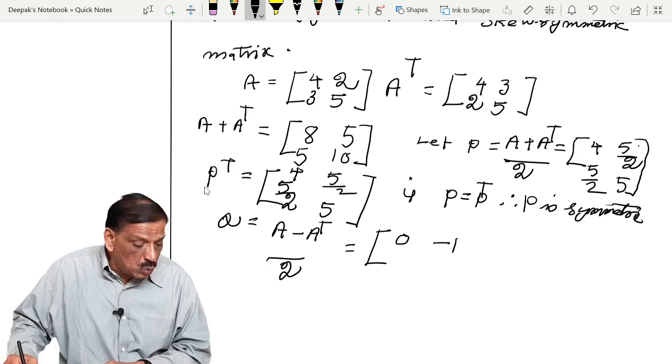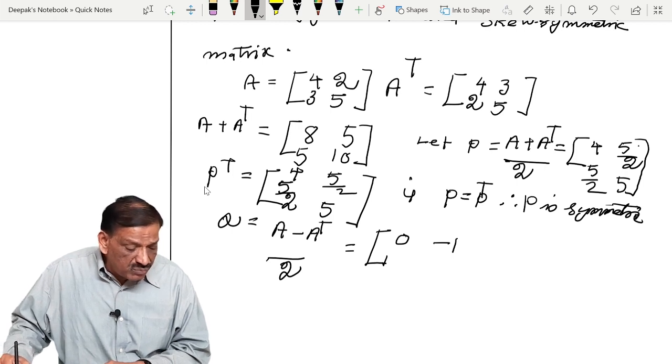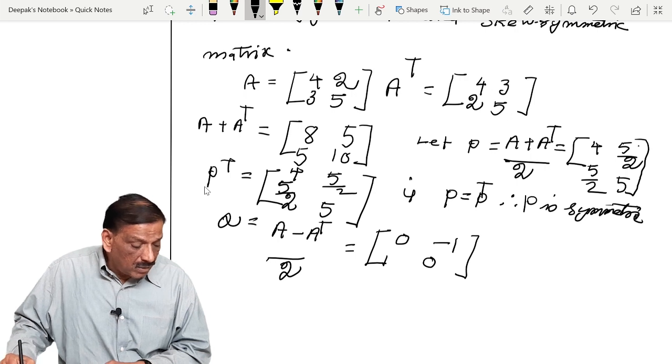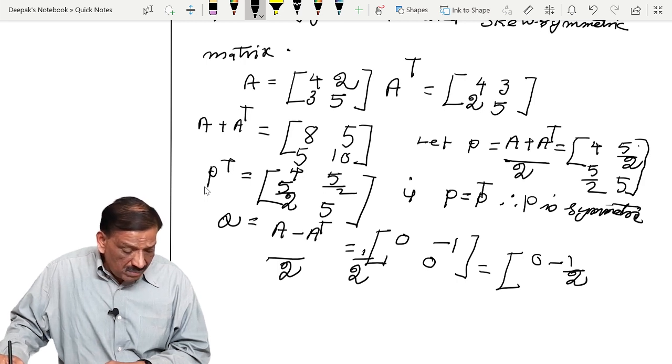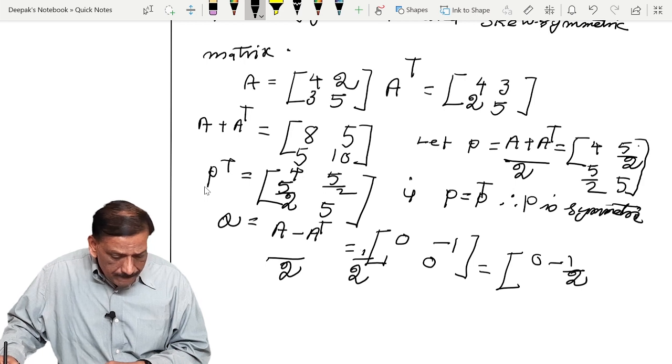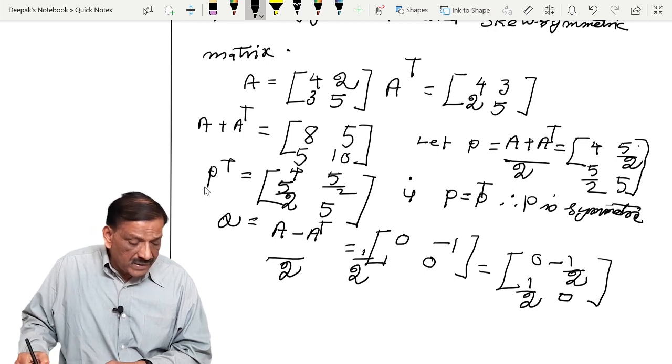Then 3 minus 2, that is 1. Then 5 minus 5, that is 0. Whole divided by 2. That is equal to 0 by 2, 0, minus 1 by 2, then 1 by 2, then 0 by 2, that is 0. That is equal to Q.